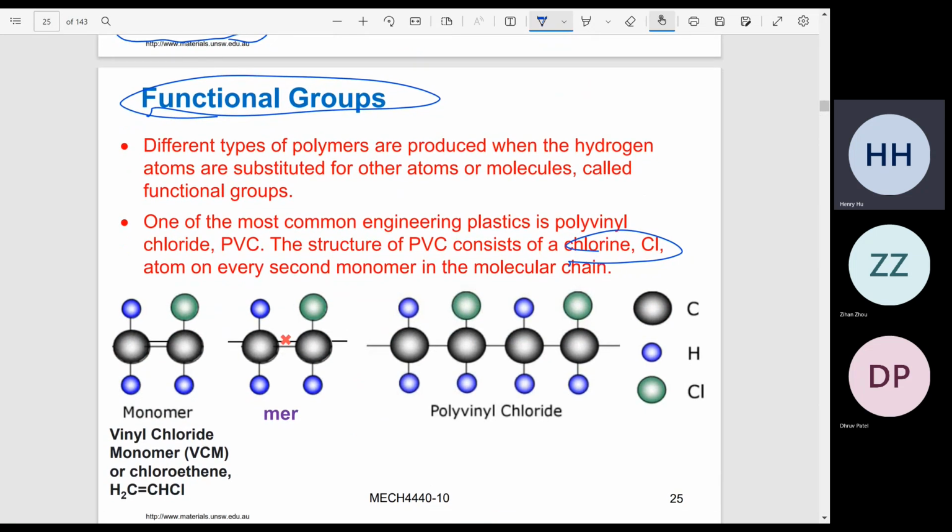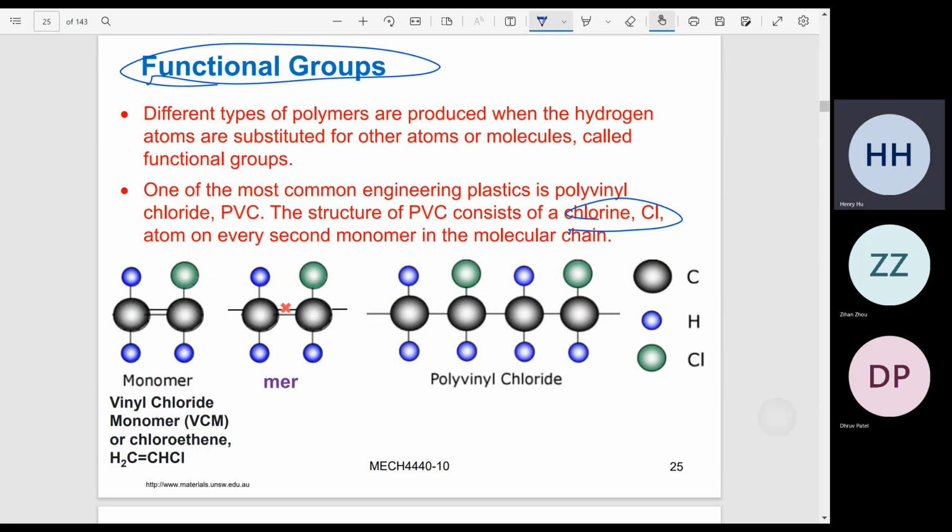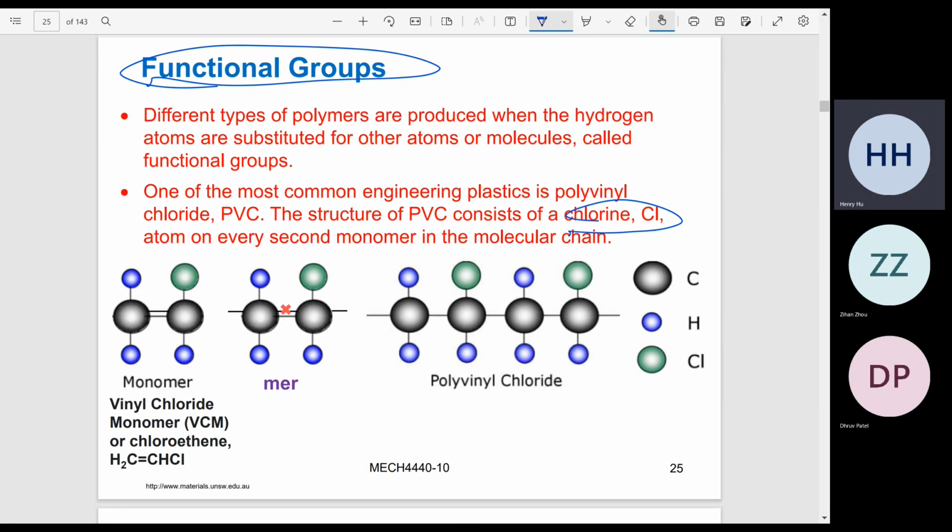So functional group. Basically, you try to use other types of atoms or other types of molecular structure to replace one of those hydrogens in the chain structure of the polymer.